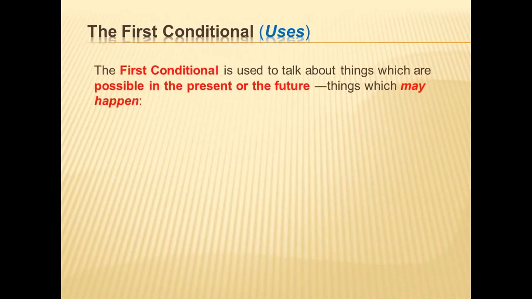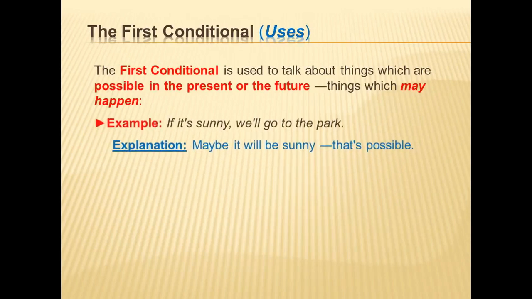Now go to the definition of first conditional. The first conditional talks about things which are possible in the present or future, things which may happen. It means that we talk about things that could possibly happen in the near future. For example, if it's sunny, we will go to the park.